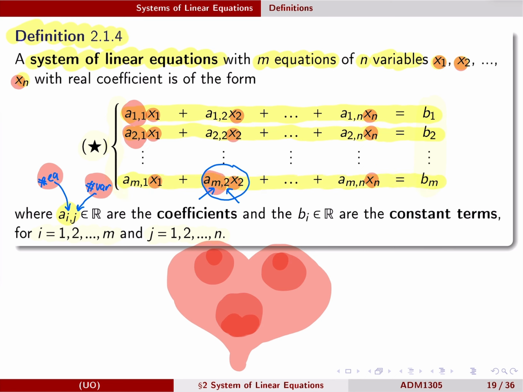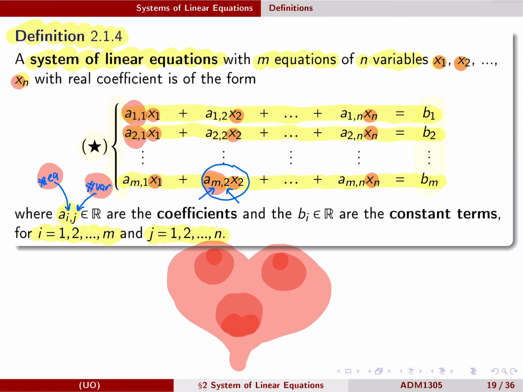So here, your indices i and j will vary. The i will vary from 1 to m because we have m equations, m like mommy. And then your j index, the second index, will go from 1 to n because we have n variables, n like Nancy.